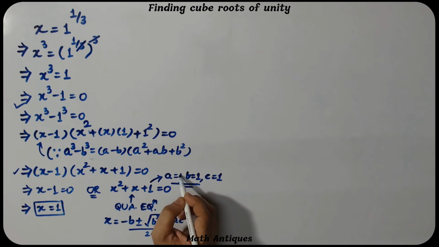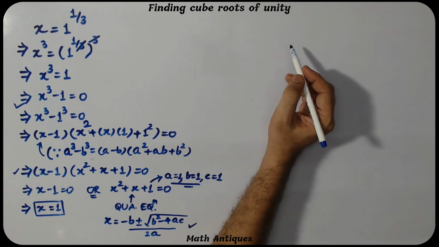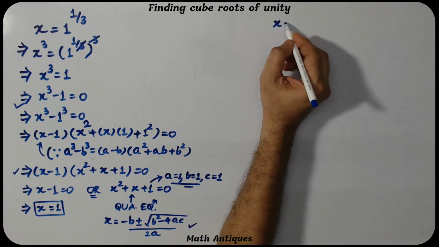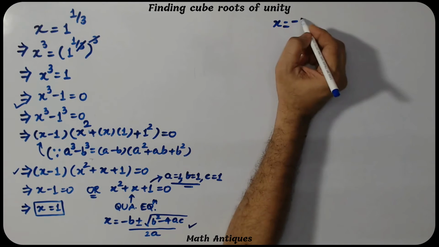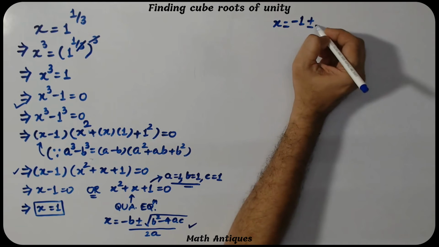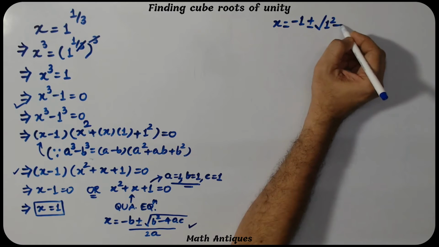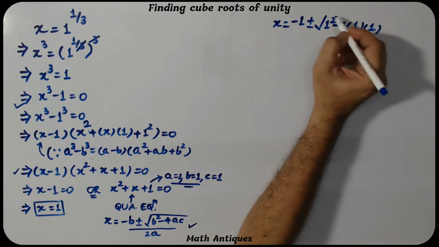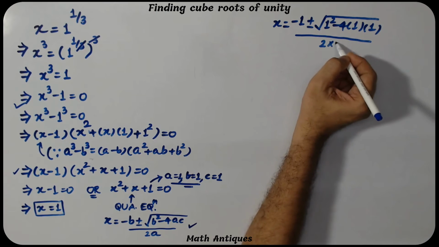So now we are going to put the value of a, b and c in this discriminant method. So we'll get x is equal to minus b. The value of b is 1, so minus 1 plus or minus root of b square, that is square of 1, minus 4 into a is again 1, c is also 1, square root complete, divided by 2a, that is 2 into 1.